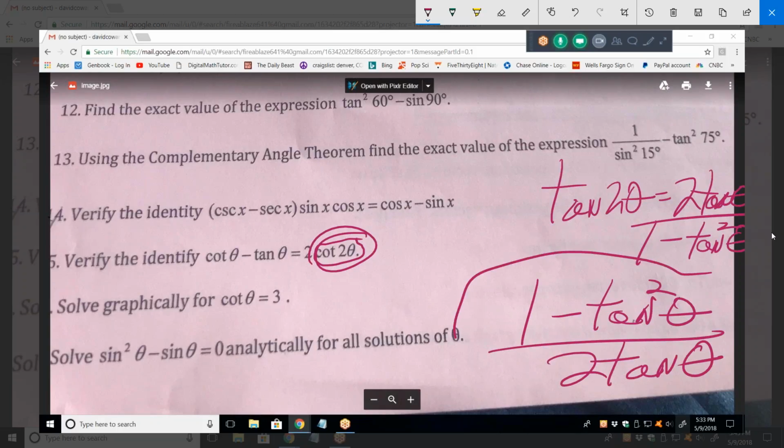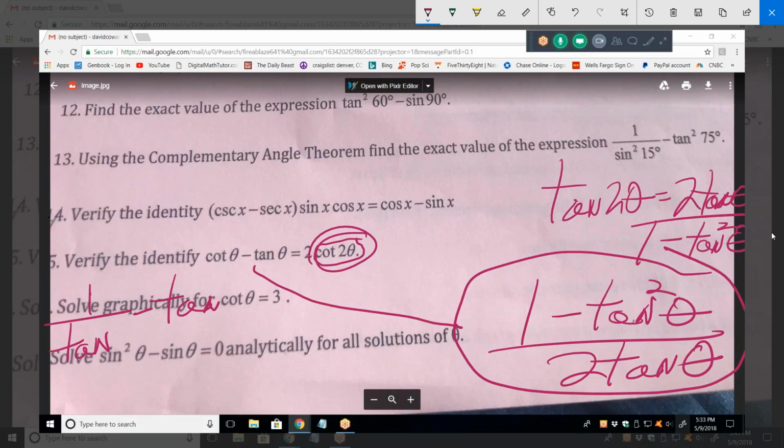So this is what we're trying to prove the left side is equal to. Could you cancel one of the tangents out? Well, I think we can get this right here. Let's see. If I do cotangent of theta, that's 1 over tan minus tan. Here we go. That gives you this right there. It does?